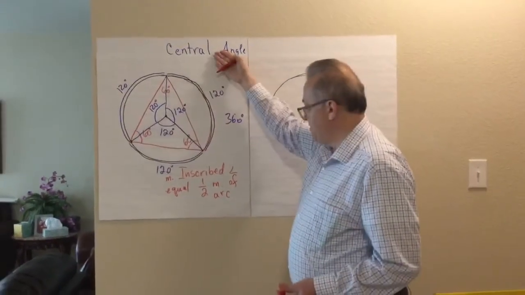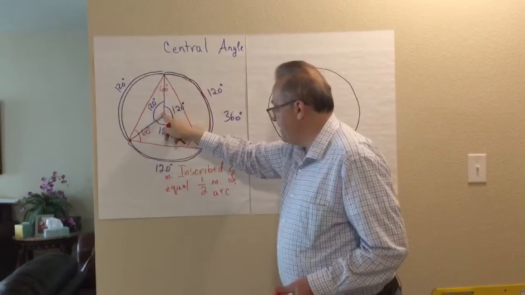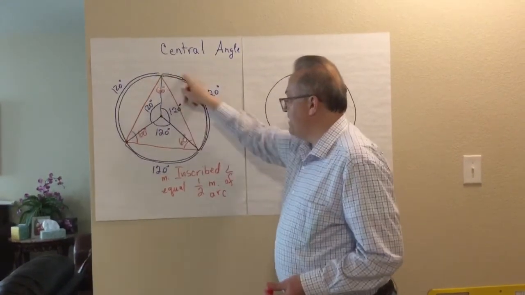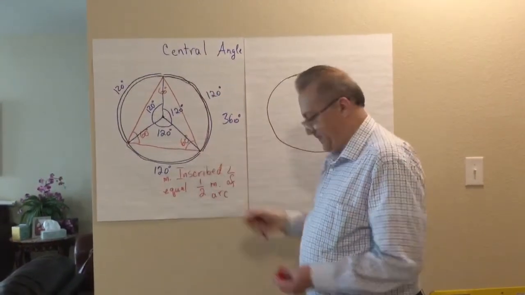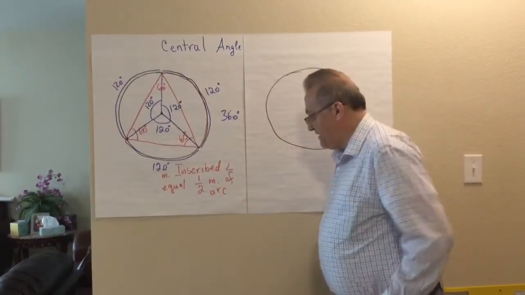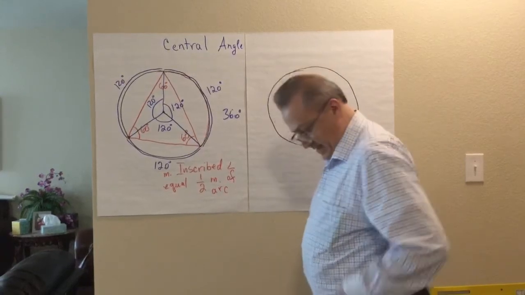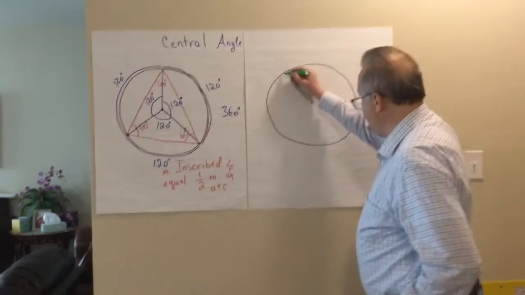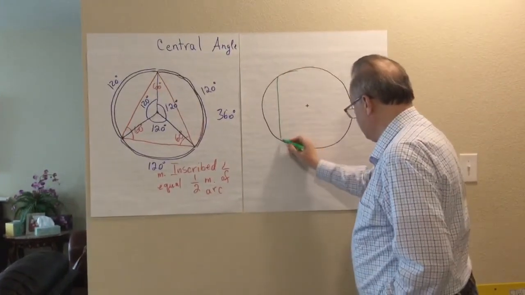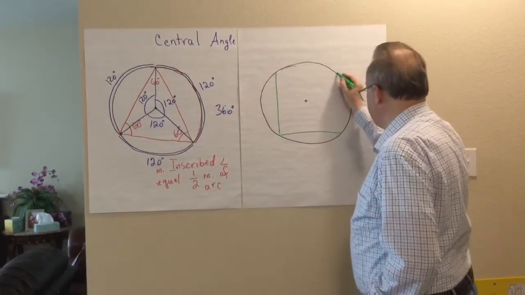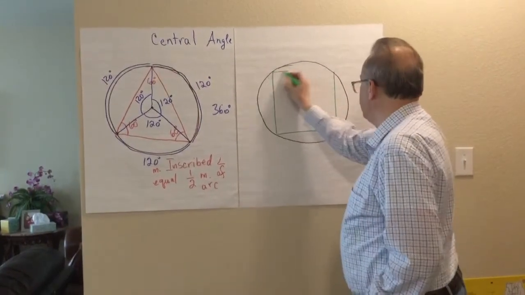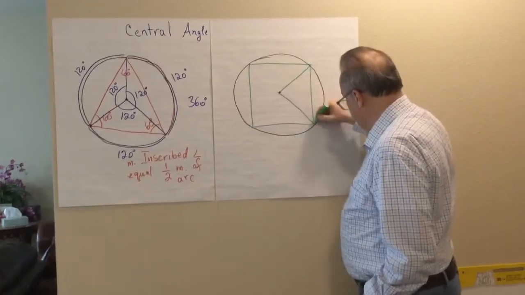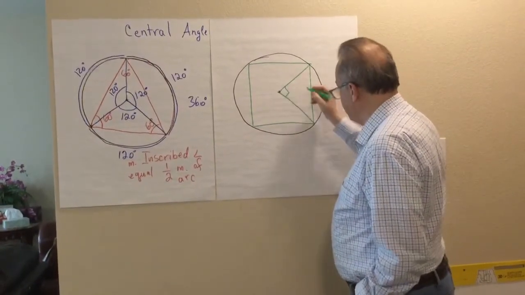Two things. Central angle in the center. Vertex is in the center. The angle here is as much as the arc. Now, let's draw a square. If I have a square, all right, central angle is 90 degrees right here.